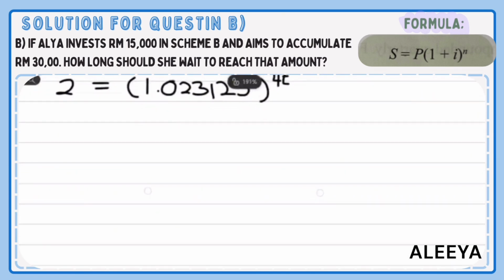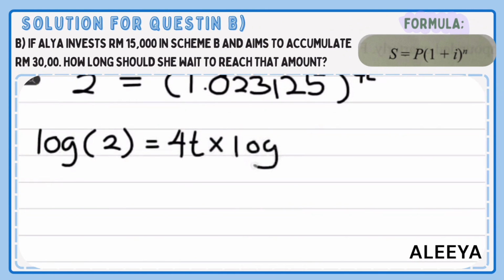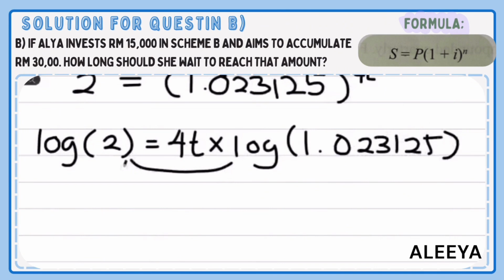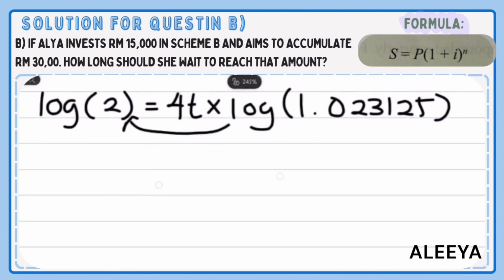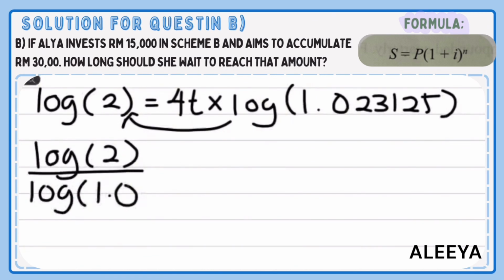Now, we want to turn the 4t into a normal number, so we use a log formula. So it will become log 2 equals 4t multiplied by log (1.023125). Then we move log (1.023125) to the other side. So it becomes log 2 divided by log (1.023125) equals 4t.